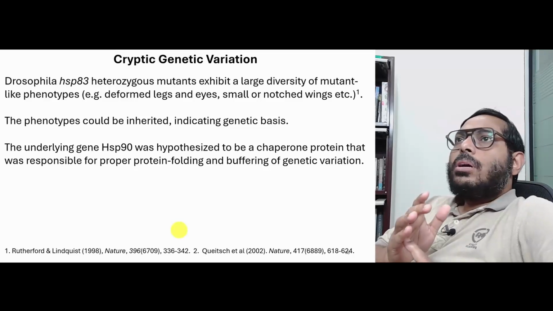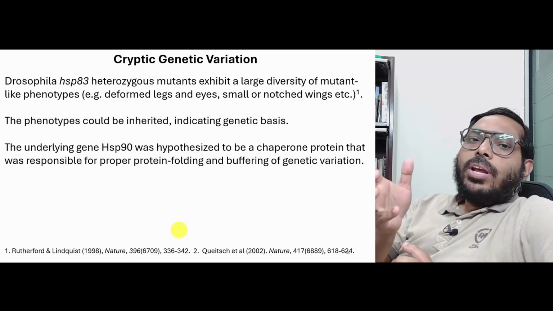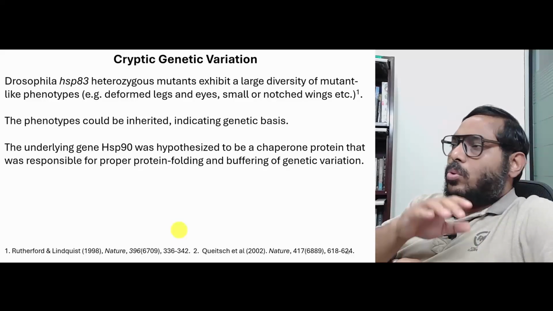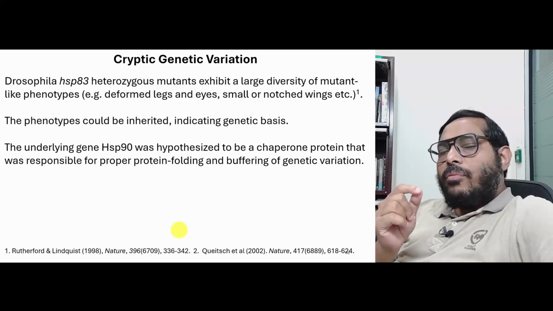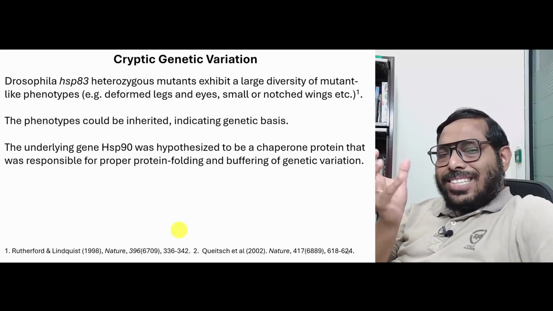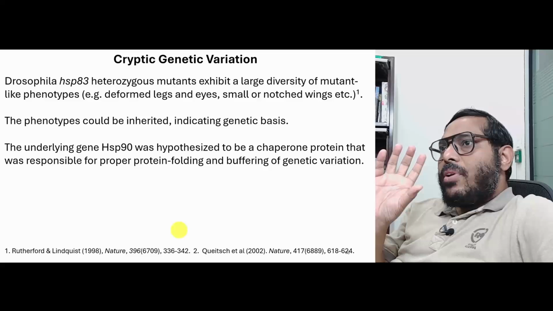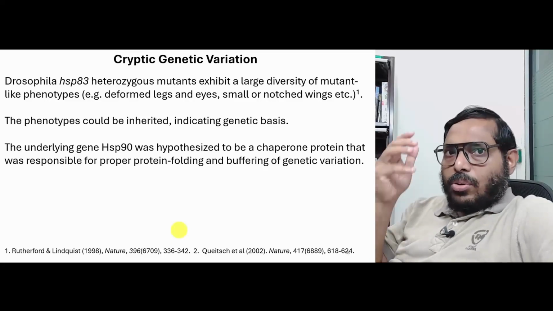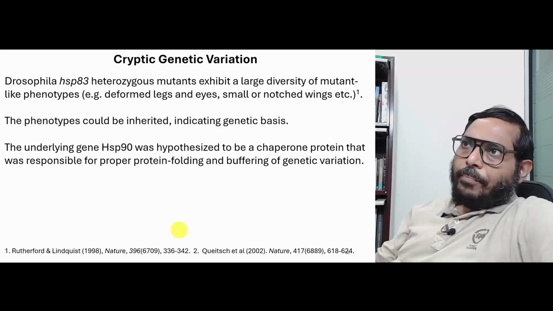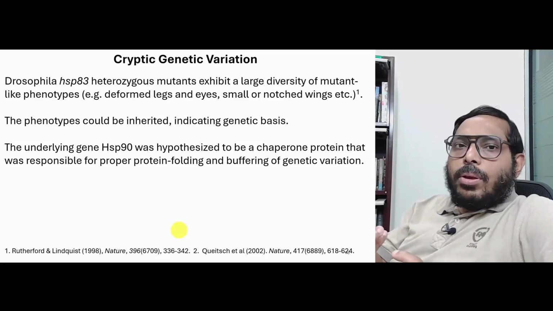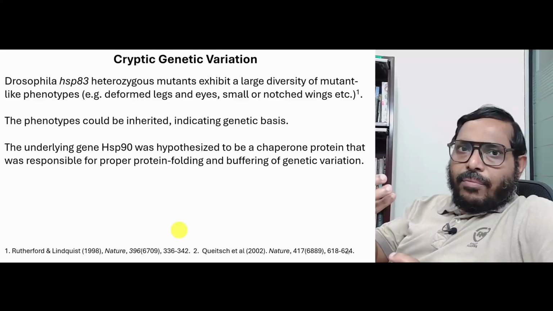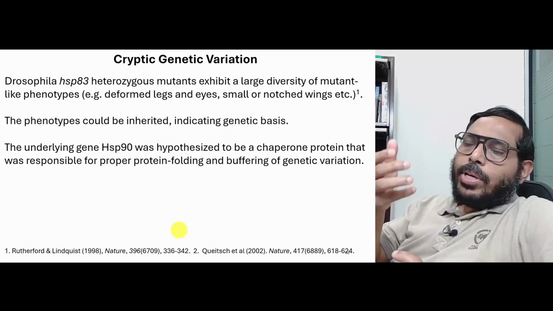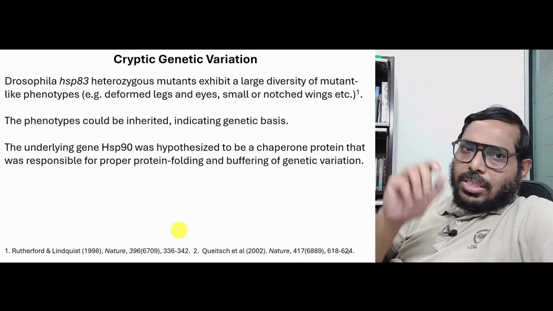Now, why should protein folding lead to buffering of genetic variation? You know that the functioning of any protein depends on its structure, right, and if it is not able to form the proper tertiary structure, it will not be able to function. Why would it not be able to form a proper structure? Let us say there are some mutations because of which the structure does not get formed.